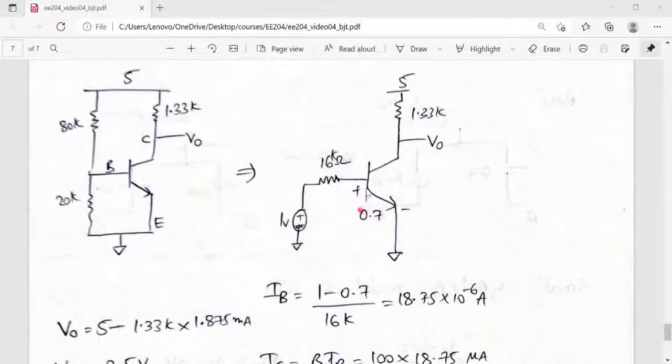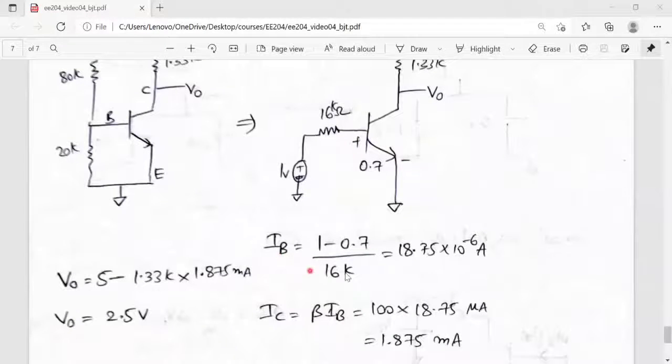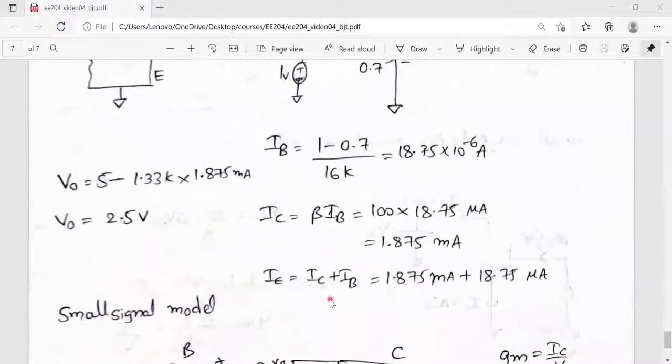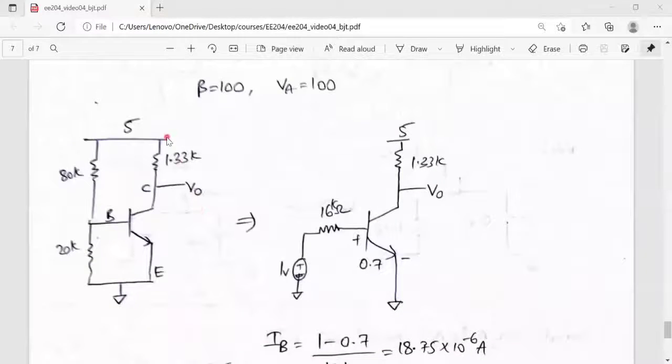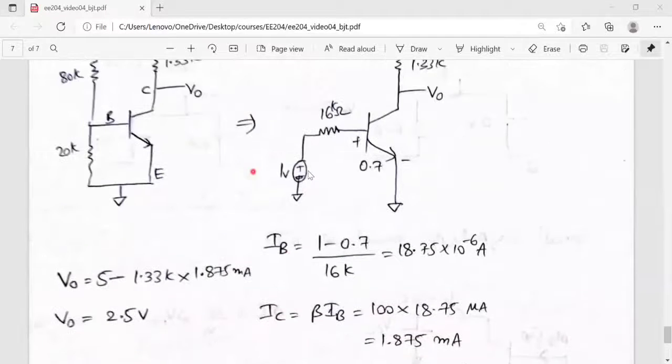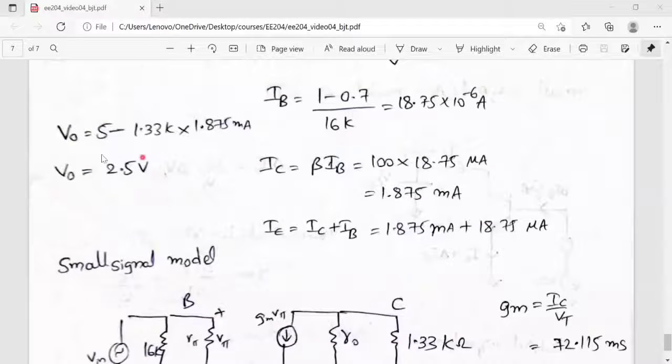This is in forward bias, so we can find IB as 1 minus 0.7 by 16K. IC is equal to beta into IB, so we can find IC also, and Vout is 5 minus 1.33K into IC, so we can find Vout also. We will get it as 2.5.